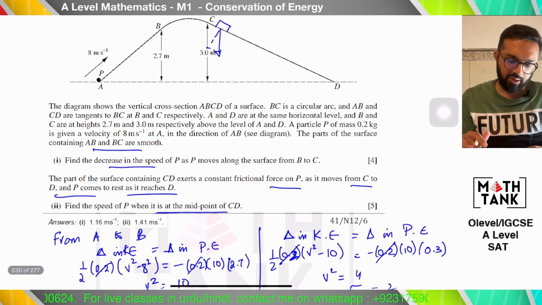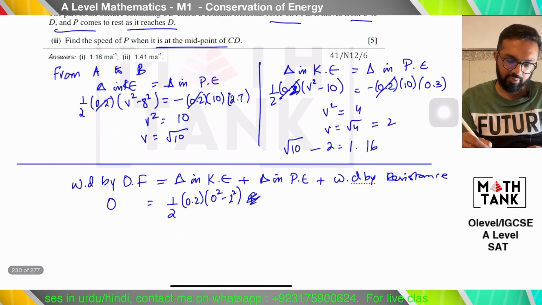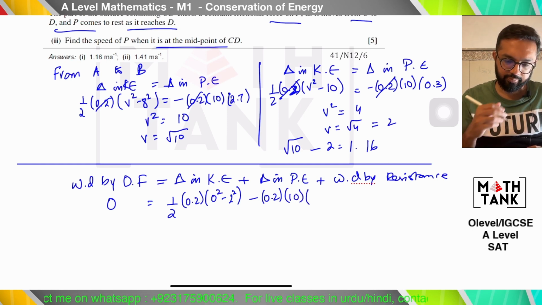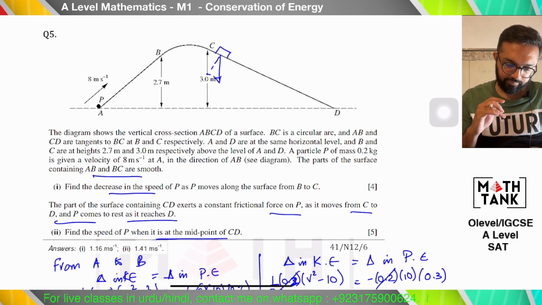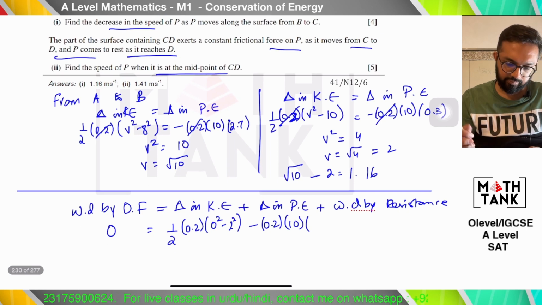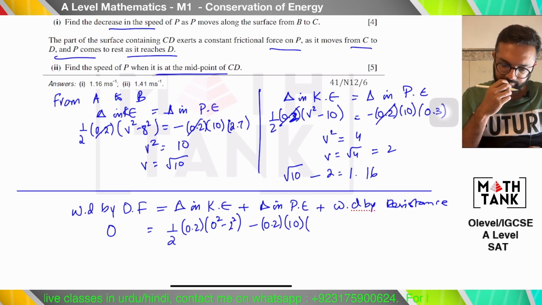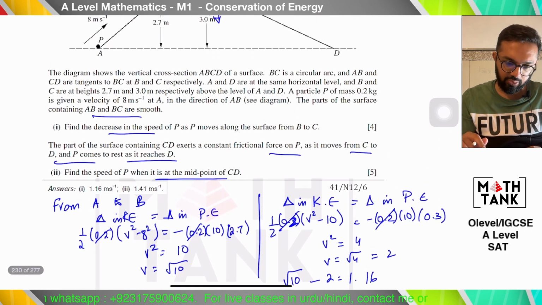The change in P is that the height is decreasing, so minus m g h. H is 3.